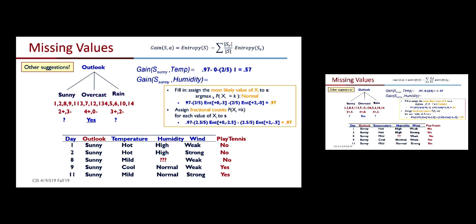What I suggested there, let's just look at the humidity column and choose by majority. And I chose by majority. In fact, there was a tie between high and normal, so I randomly chose normal. That was the computation above.